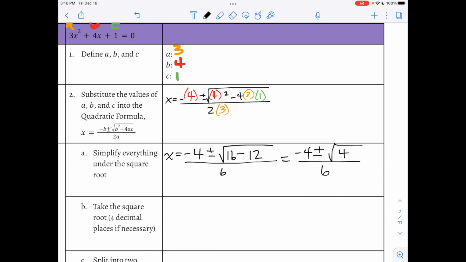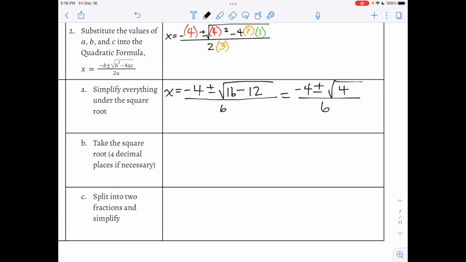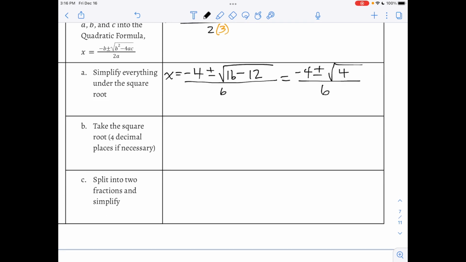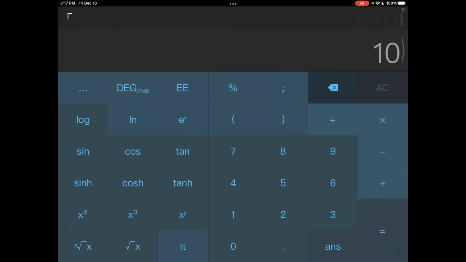Okay, so that has simplified our square root. Now we're going to take the square root to 4 decimal places if necessary. So negative 4 plus or minus. If you're not great with square roots, the square root of 4 is 2.